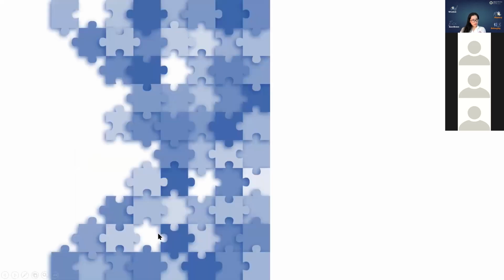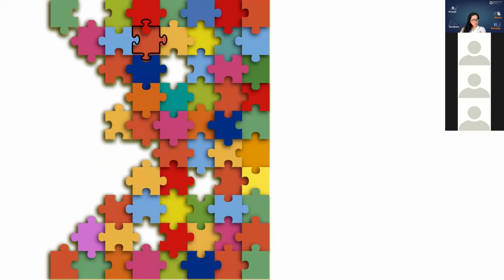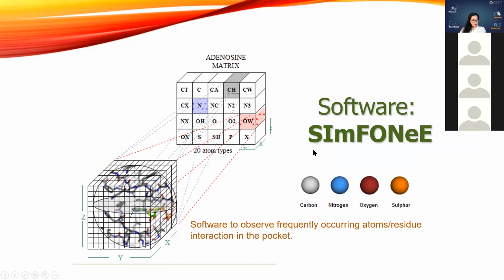I did that by observing the environment of staurosporine, and then I hoped to design better drugs inside. The package that I wrote during my PhD is called SIMFONEE, where I use a 4-dimensional grid to categorize atoms in Cartesian coordinates into a 4-dimensional grid called X, Y, Z, and type.